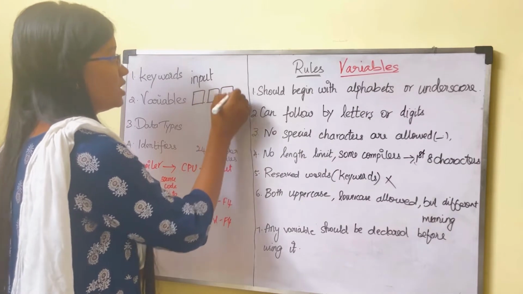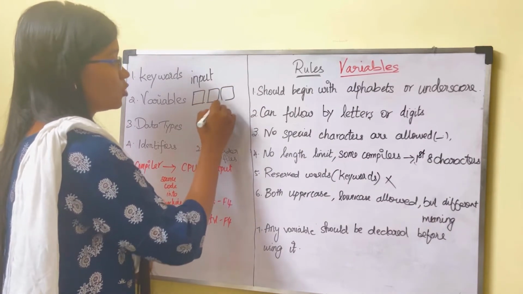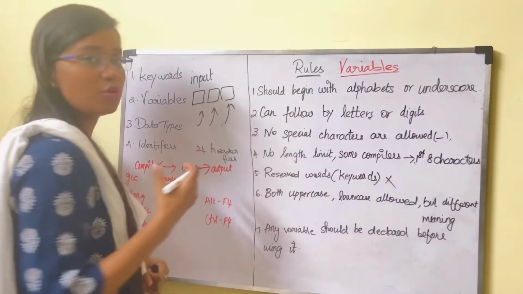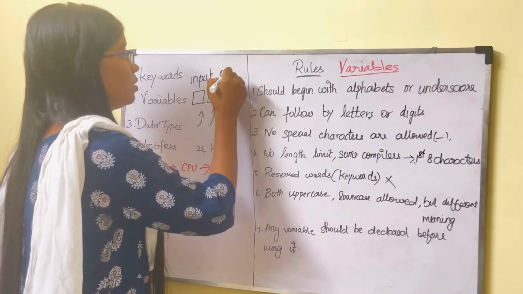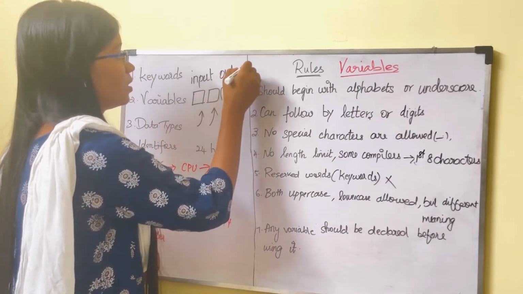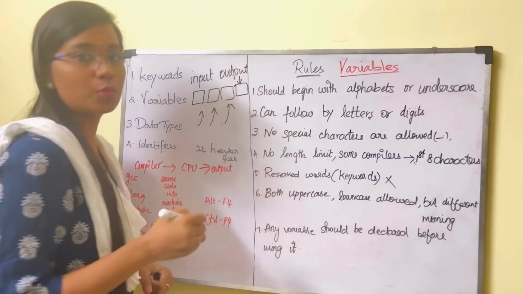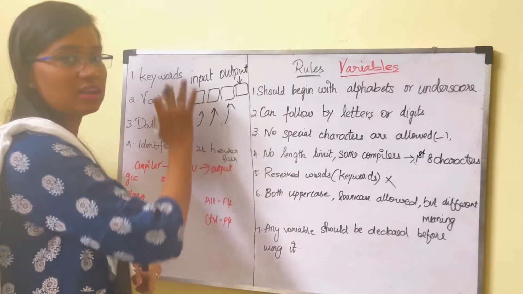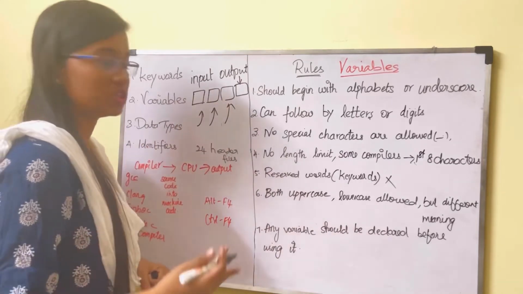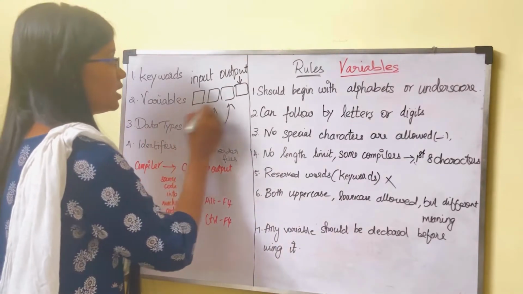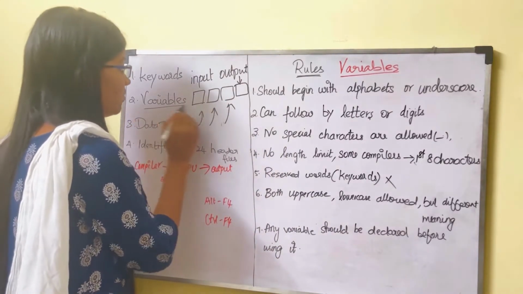Without memory space we cannot give input. Or if we want to see the output for those inputs, we have to create another memory space to store the output. Without that you cannot give any input and store output for future use. So creating memory space is known as variables.